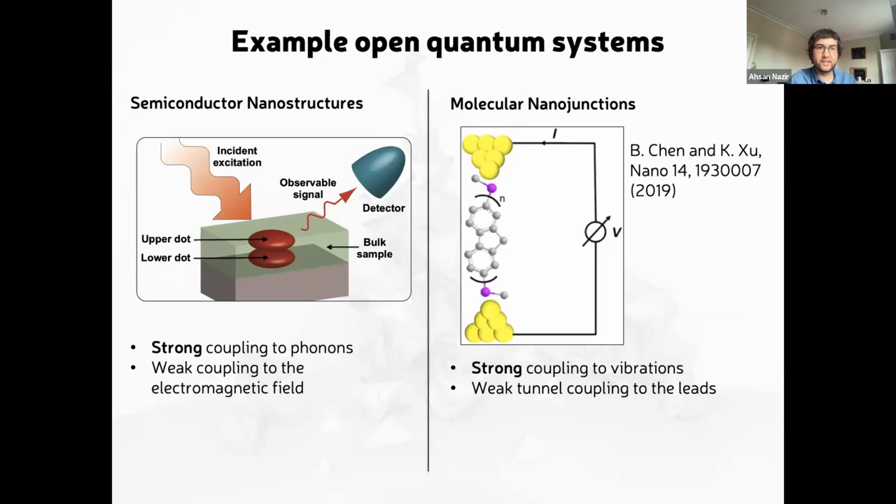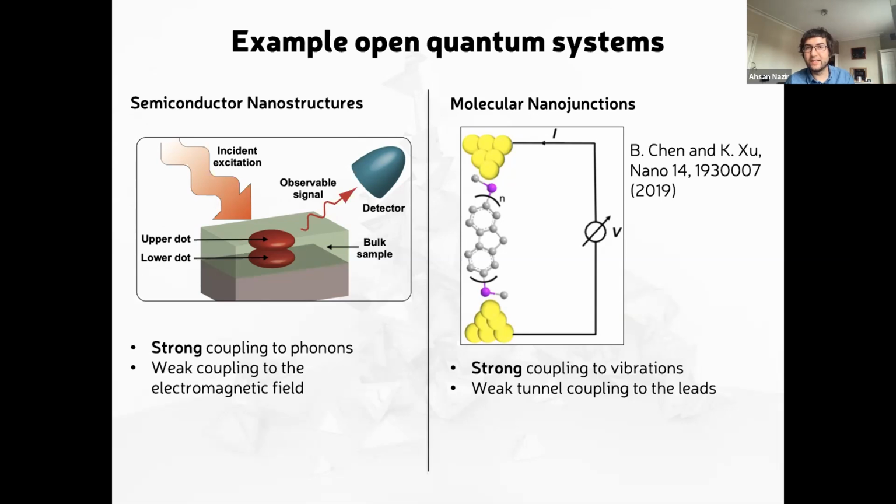The system, the dots, can emit photons, and that gives rise to an observable signal, but they're also embedded within a bulk structure, and lattice vibrations then can be quite strongly coupled to the discrete electronic states of the dot region. And so we have a situation where we need to account for that strong coupling to the bulk phonons, but we also have simultaneous weak coupling to the electromagnetic field. And I'll talk about that as an example a bit later.